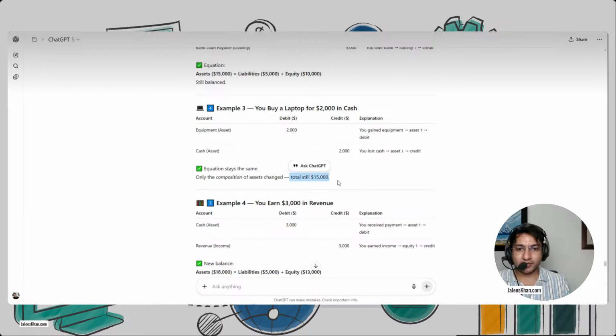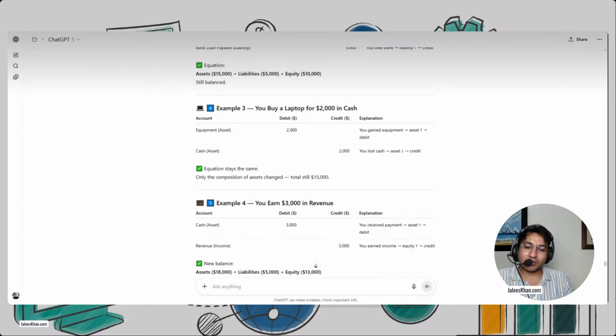Total is still 15,000 because from outside there isn't any input of money or output of money. What is happening is that we just converted one form of the value which our business contains, which is cash, into another form of value, which is equipment for our company.